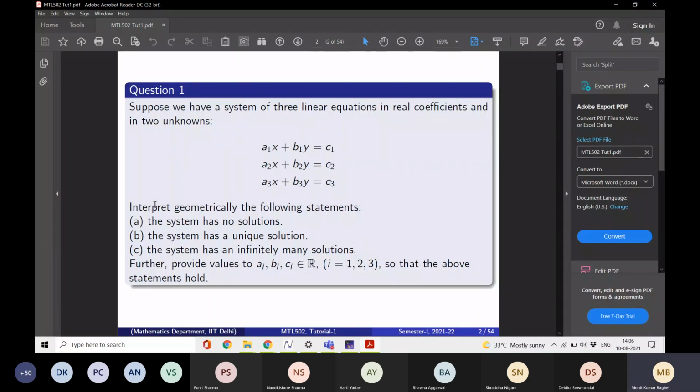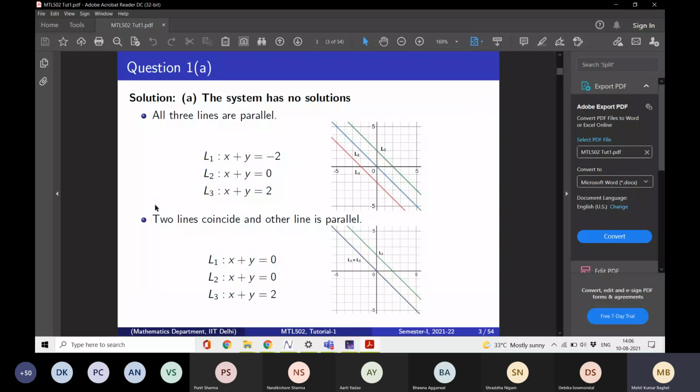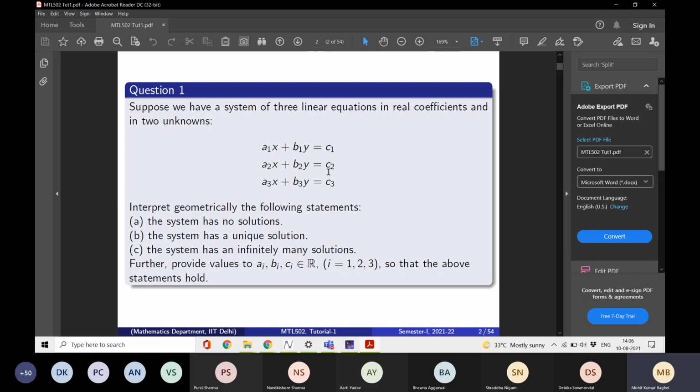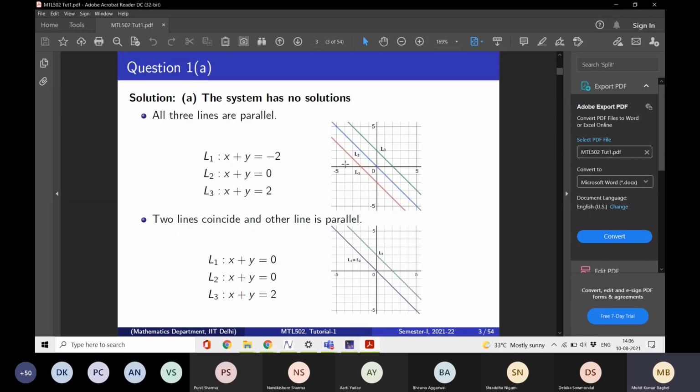Then you can interpret the answer. In this question, you can see that these two lines are parallel. If you put some values for these constants a1, b1, a2, b2 and a3, b3, and likewise c1, c2, c3, then based upon this you get the lines L1, L2, L3.